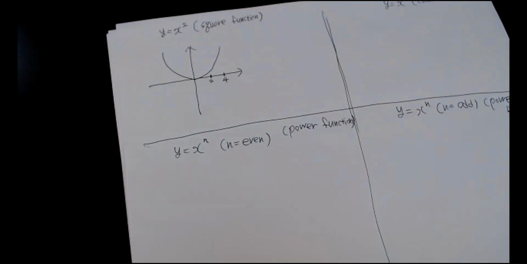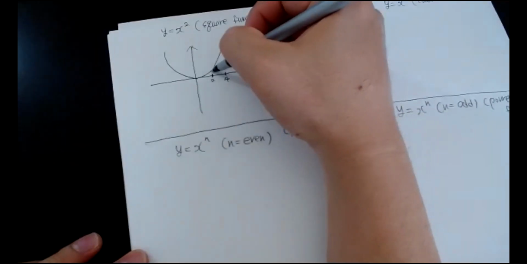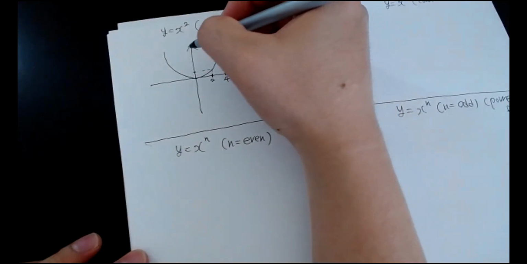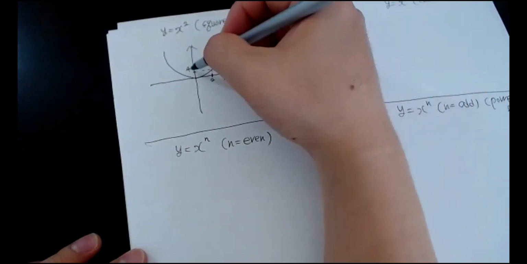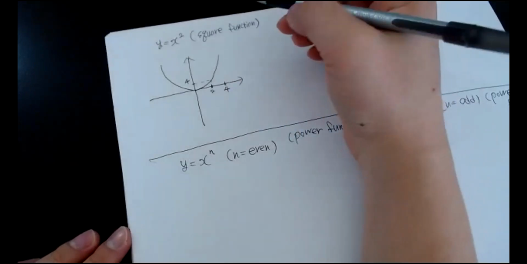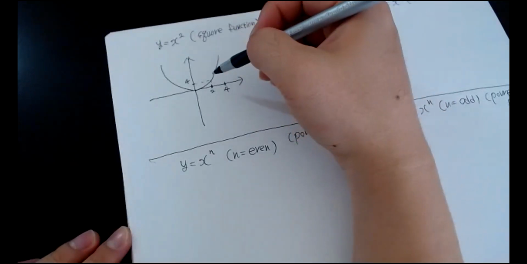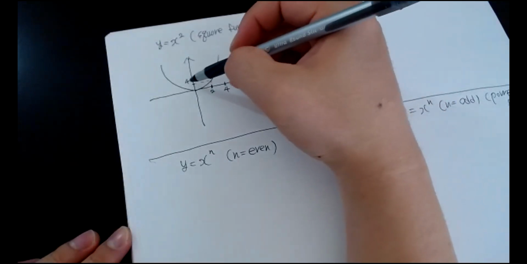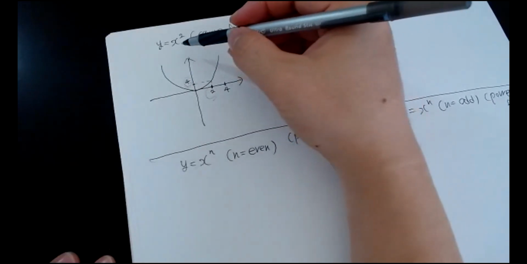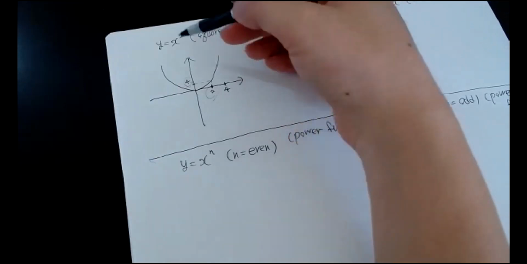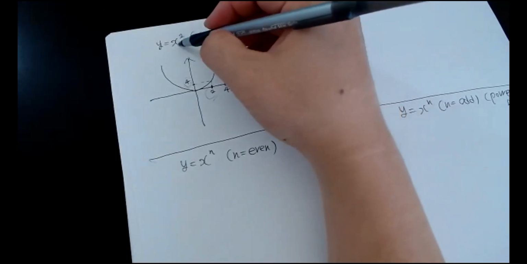When x is 2, then what? 4, because 2 squared is 4. I know this doesn't look like 4, but please understand that. How can you find the y value corresponding to an x value? If the equation of the function is given, we plug 2 into x.